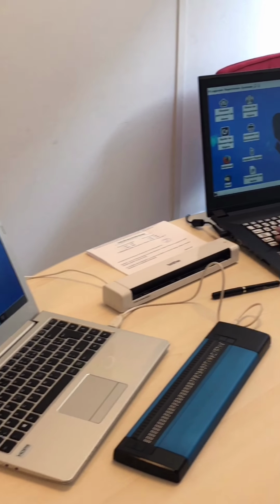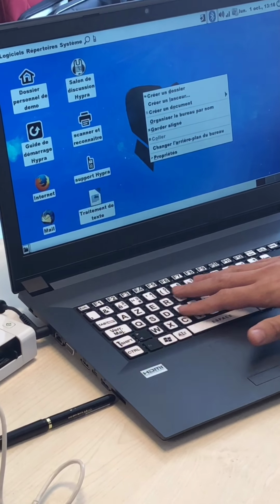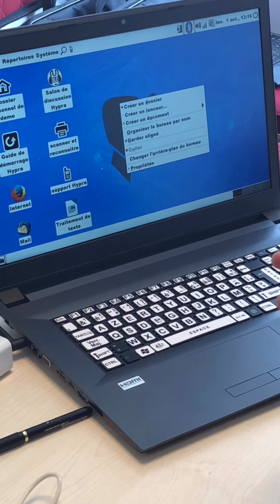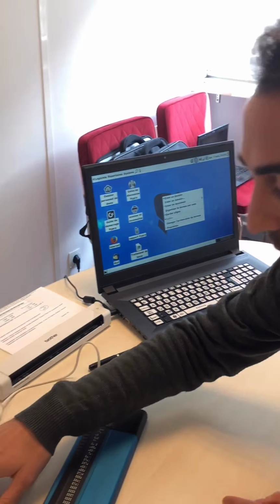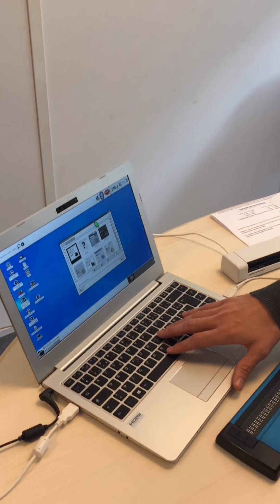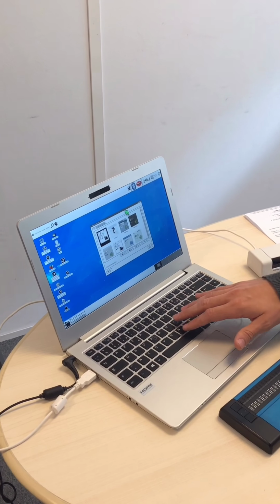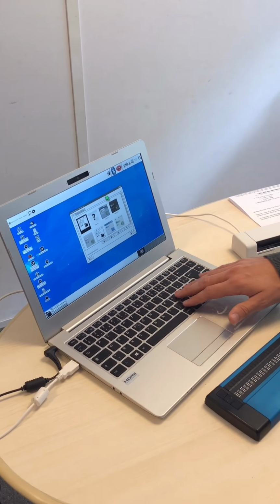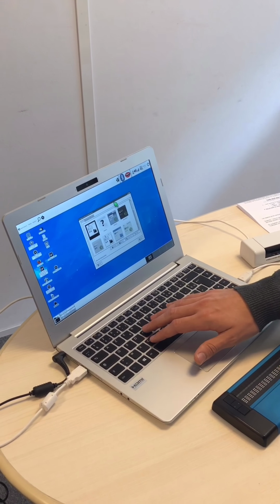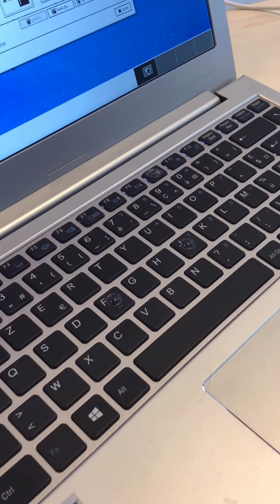For instance, here you have a much bigger computer and the keyboard has much bigger letters so that the person can read them. Here, for any blind person or beginner who would not know their keyboard, you have certain landmarks so that the person can know where the most important commands are.